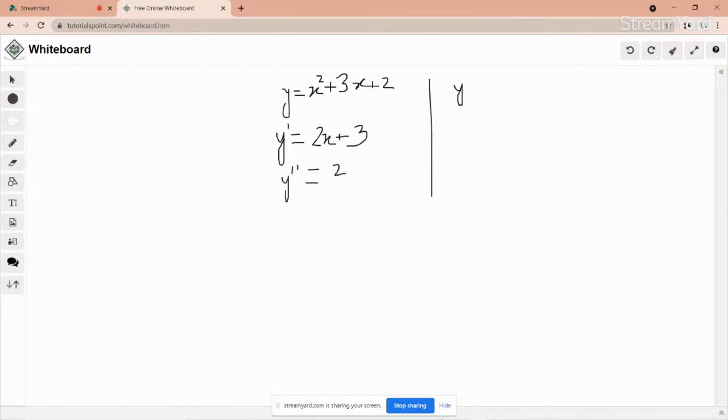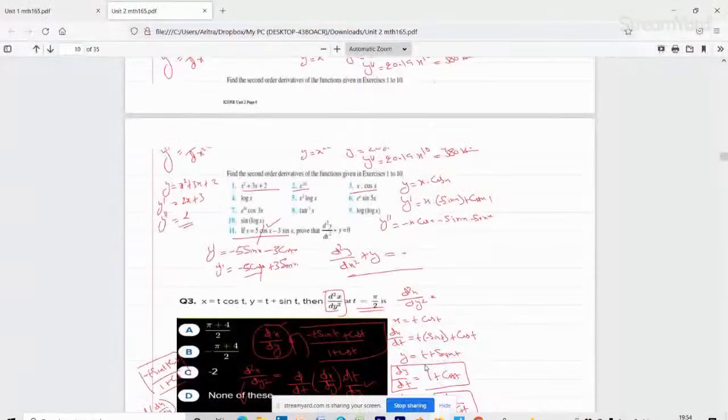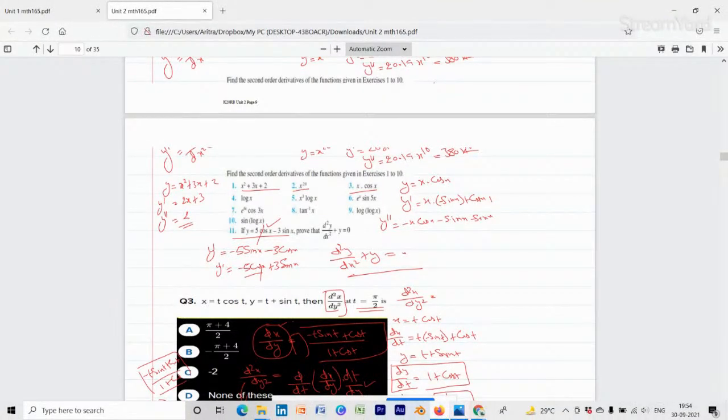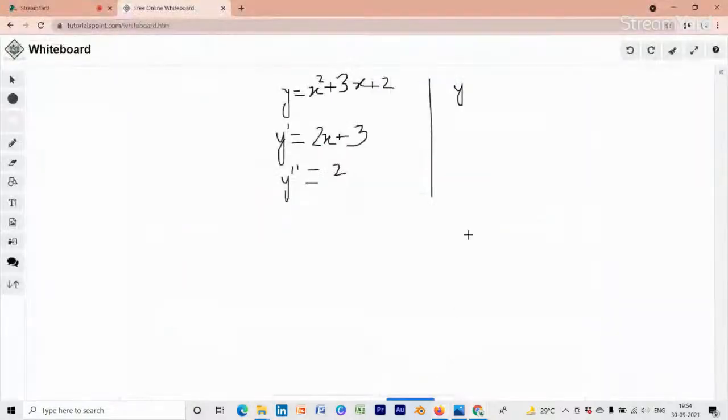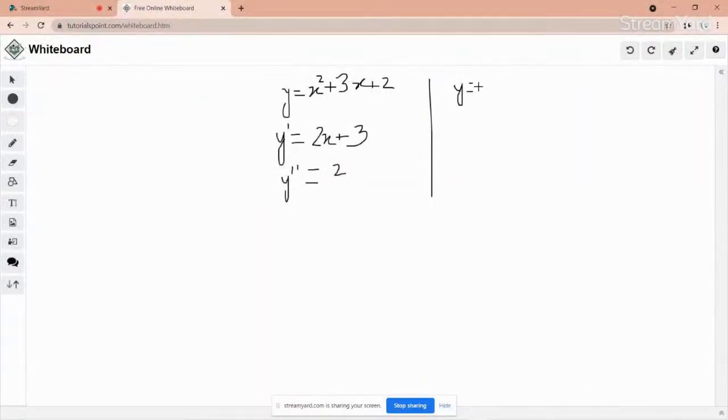Let's take a composite function and do its chain. Let's see here. Okay, this one, log of log x. Let's see what it comes out to be. So first it will be log x, and then here 1 by x.